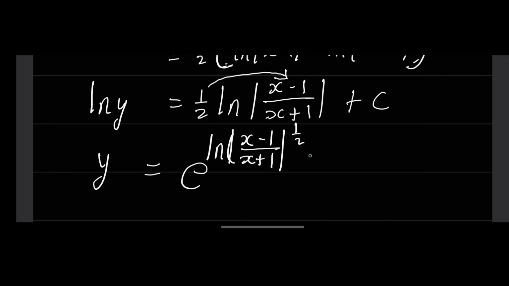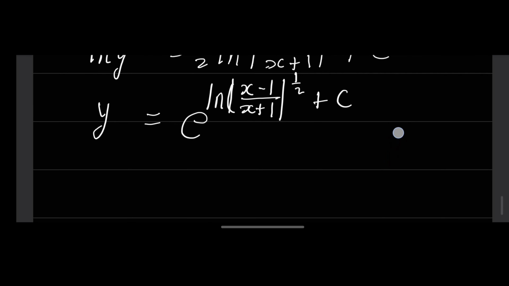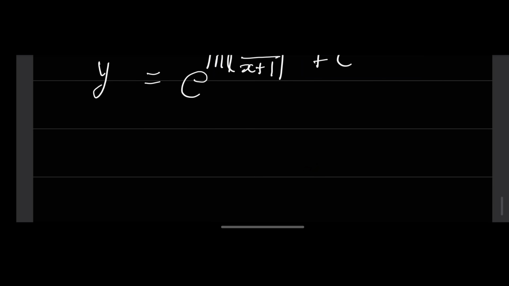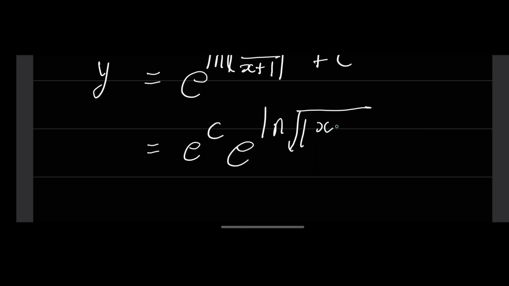Now plus some constant. The constant is still there, so we can split this and get e to the power c times e raised to the power of whatever is here. The half can become a square root, since an exponent of a half is the same as a square root. So we have the square root of the absolute value of x minus 1 over x plus 1.